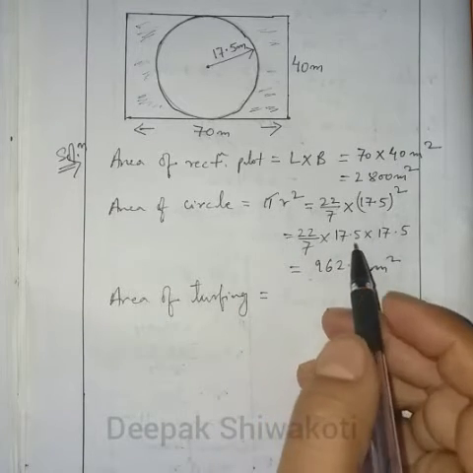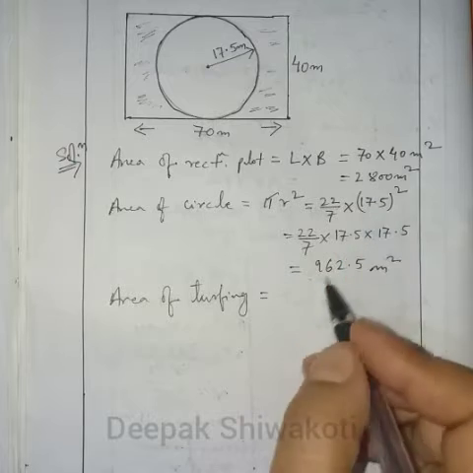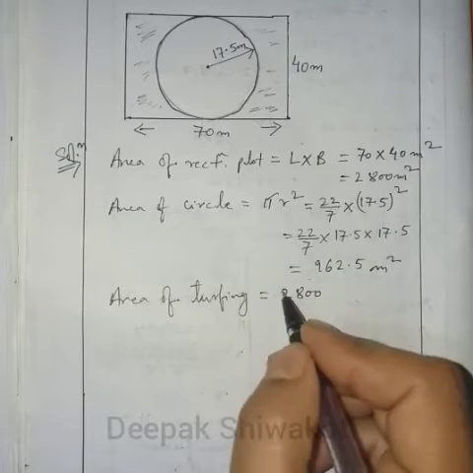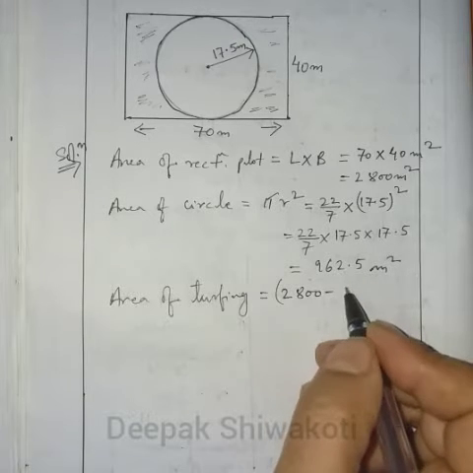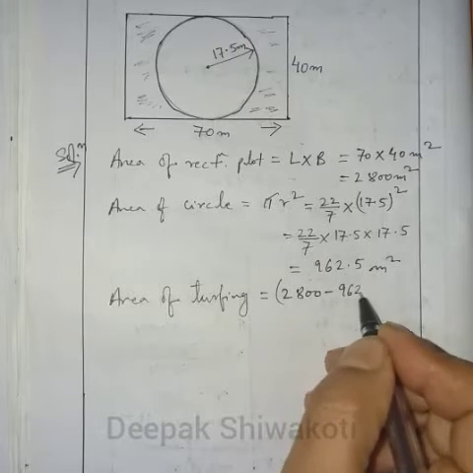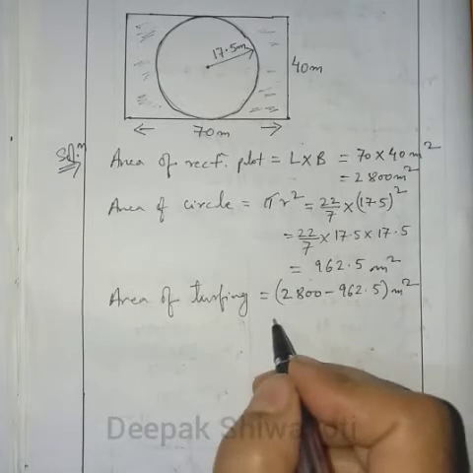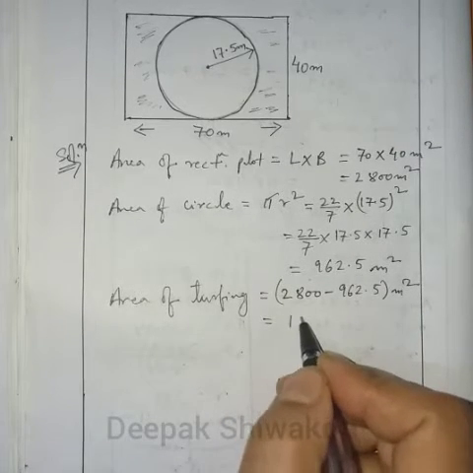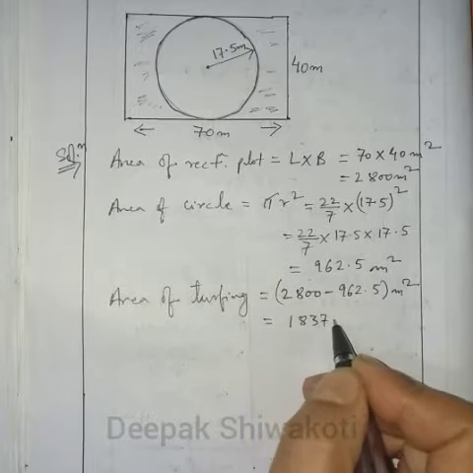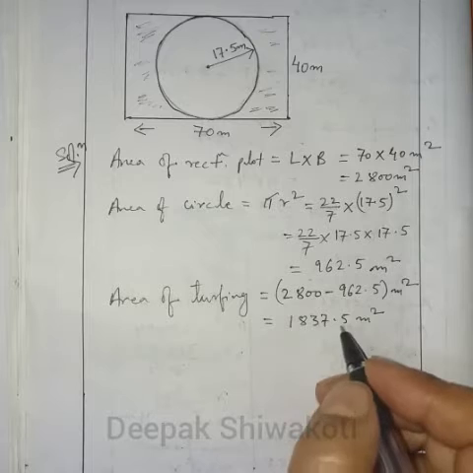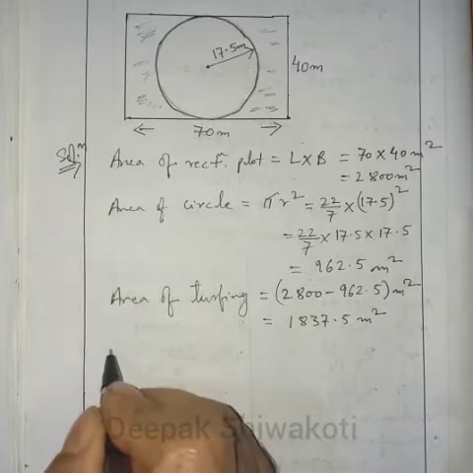Area of rectangular plot is this much, and area of circle is this much. So when we subtract, we get 1837.5 meters square.